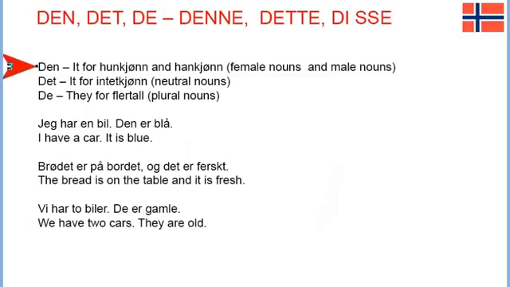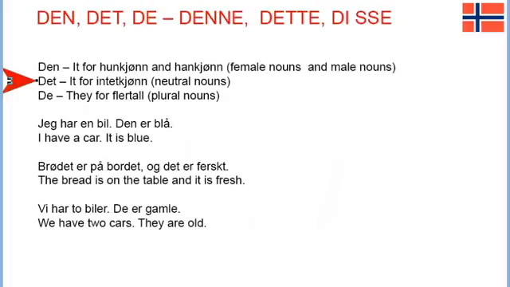From the nouns, there are several conjugations that will follow, and we will start with the Norwegian word for it. You will here see den, which is it for male and female nouns, for hunden, hannen.